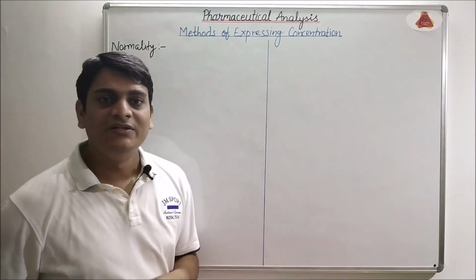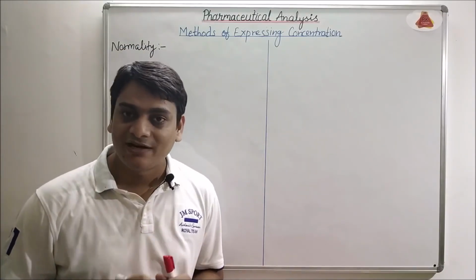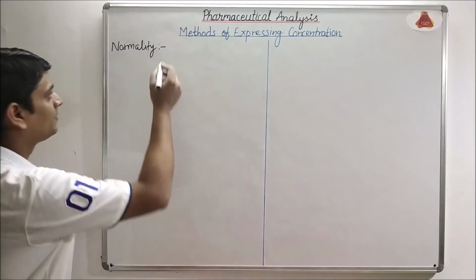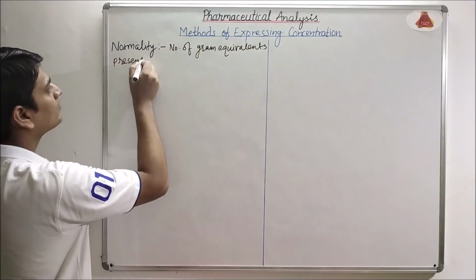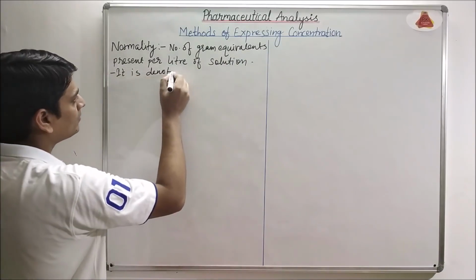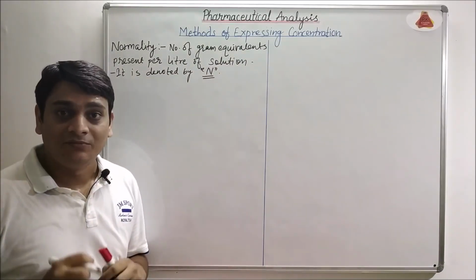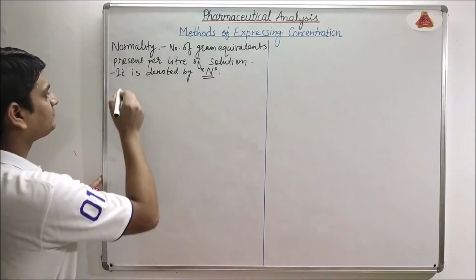So what is normality? Normality is the number of gram equivalents present per liter of solution, and it is denoted by capital N. The formula for normality is number of gram equivalents divided by volume of solution in liter.